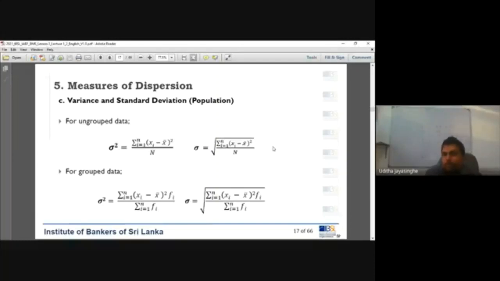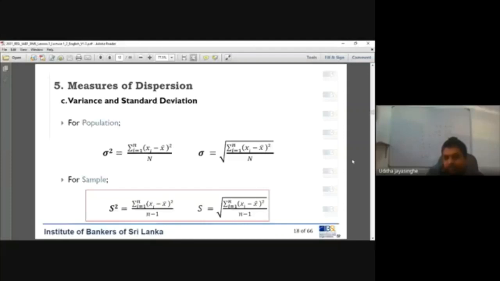So the variance is defined here for the population, and the standard deviation is defined here for the population. Okay, I have put this red box here, as I reiterated at the beginning, because this is an equation you will have to bear in mind.